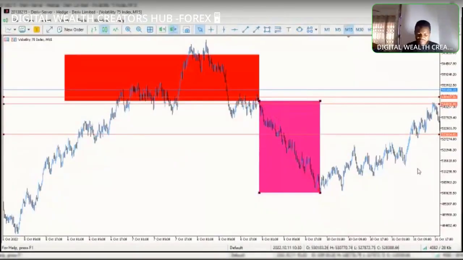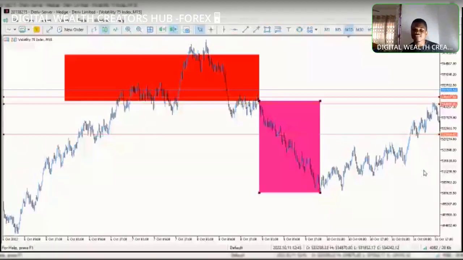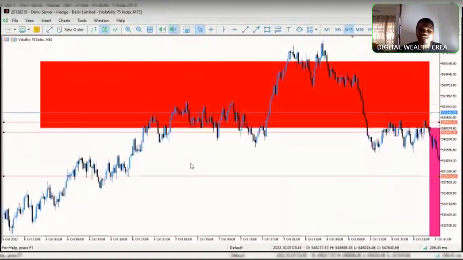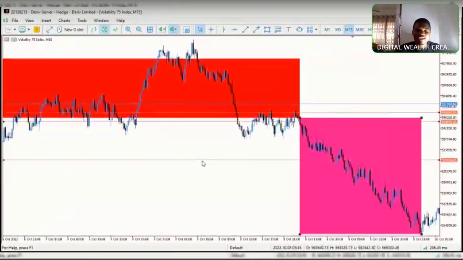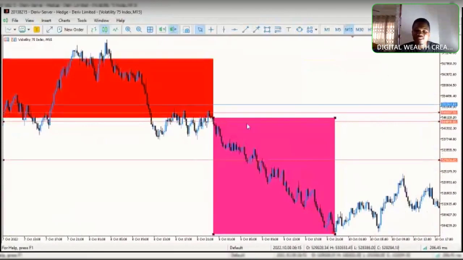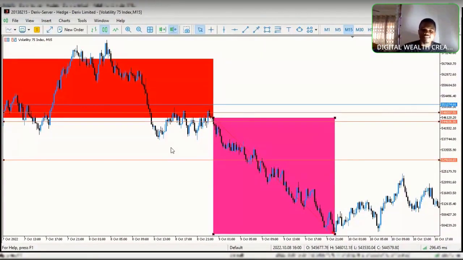Someone should multiply 15,000 by 0.003 for me and tell me the answer in the chat room. Let's see how much that is going to be if I'm using my normal lot size. So that's the first TP.